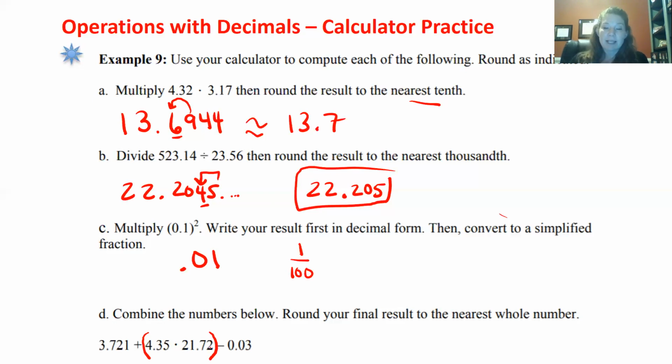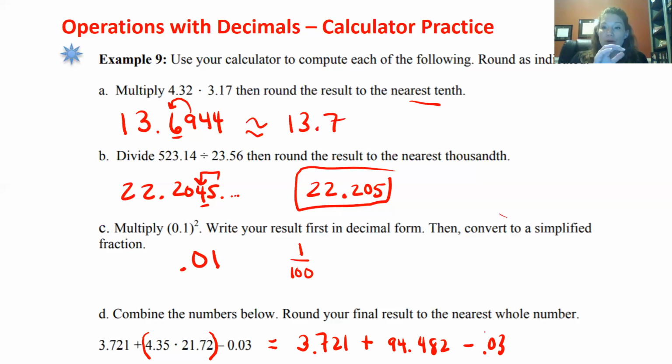So in my little simple calculator, I'm going to multiply 4.35 times 21.72, and that is 94.482. So now my math problem is 3.721 plus 94.482 minus 0.03.